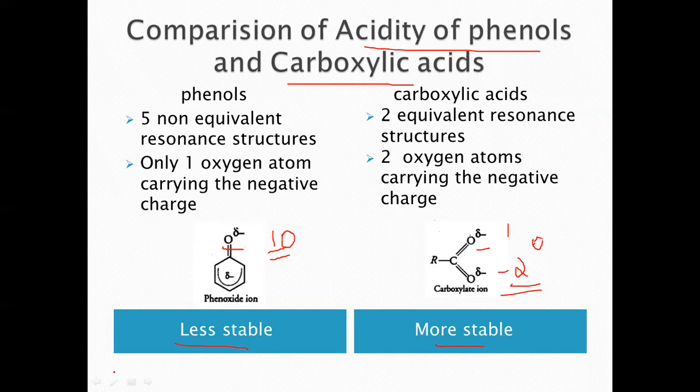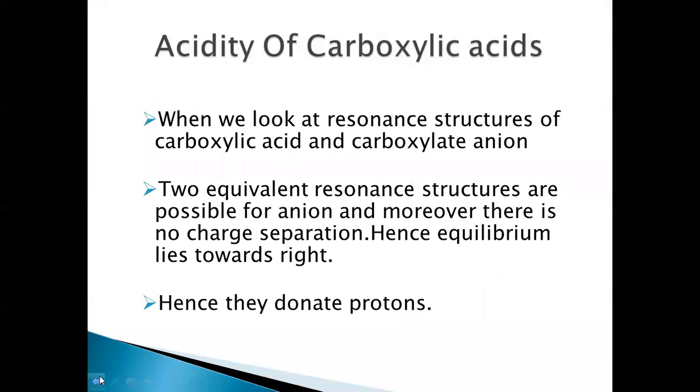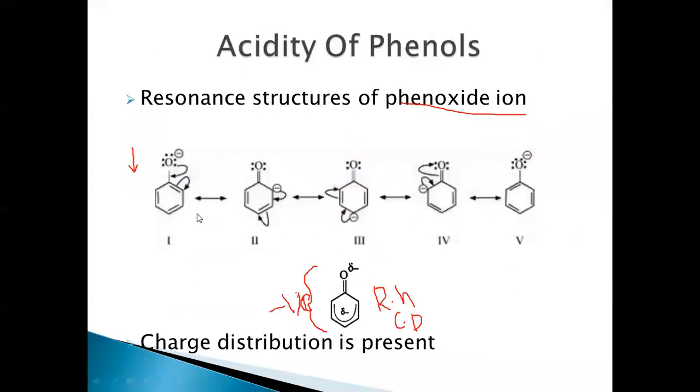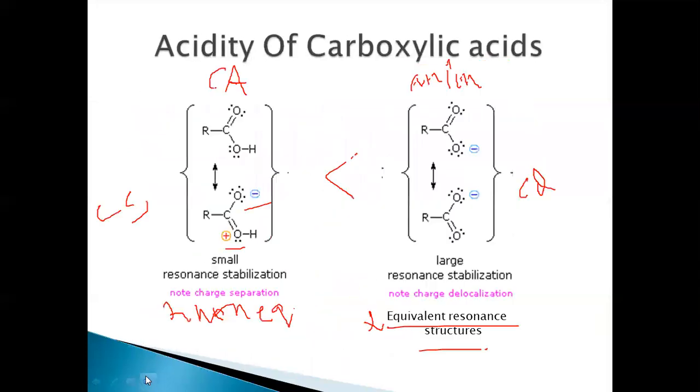And one more reason is, when we look at the resonance structures for the phenoxide ion, there are 5 resonance structures which are possible, but all these are non-equivalent. When we look at the structures here, these two oxygens do not have the charge, and these three have the charge here. So these are all non-equivalent. But when we look at the carboxylate anion here, there are 2 resonance structures, which are equivalent resonance structures.